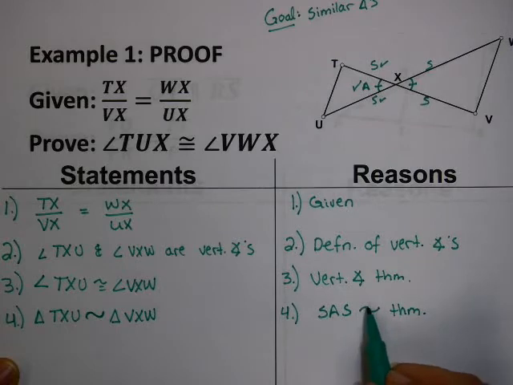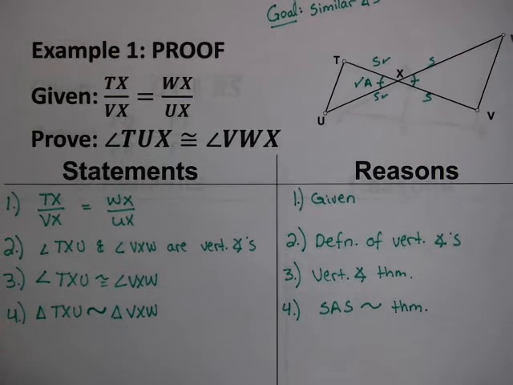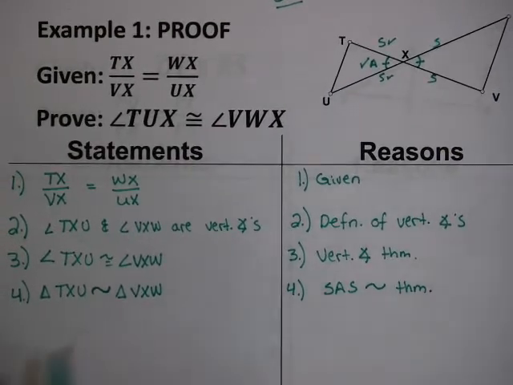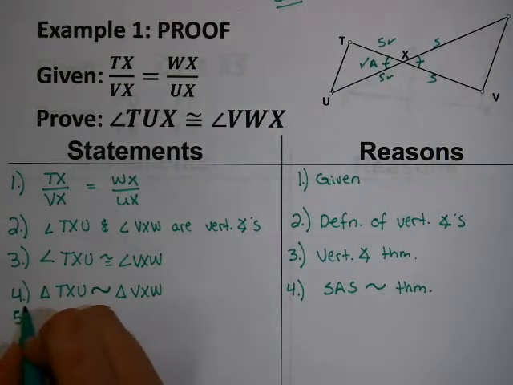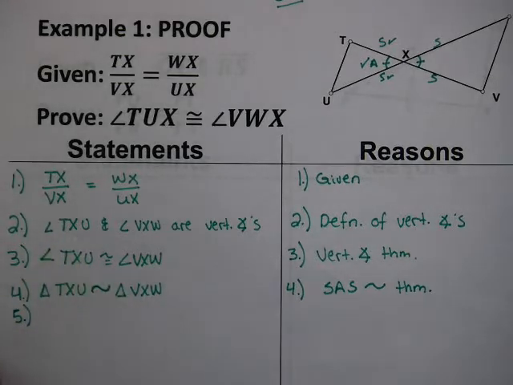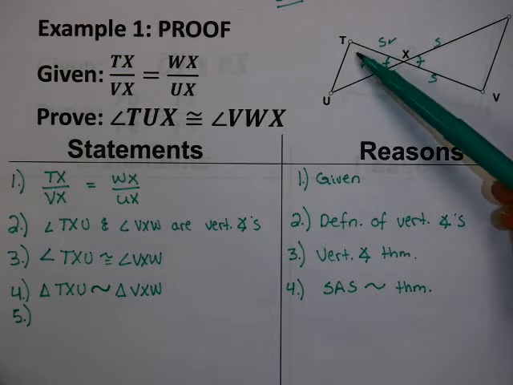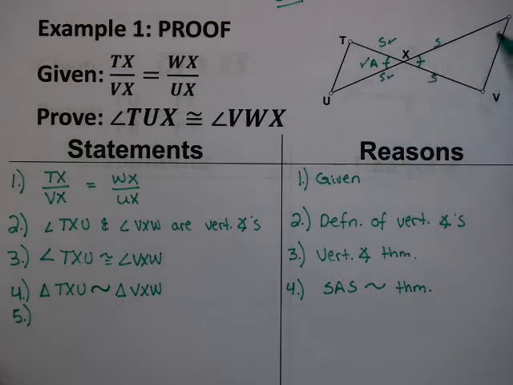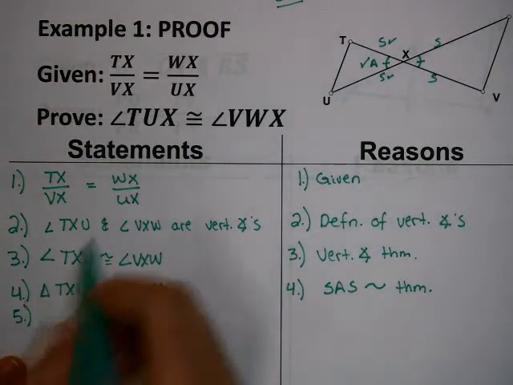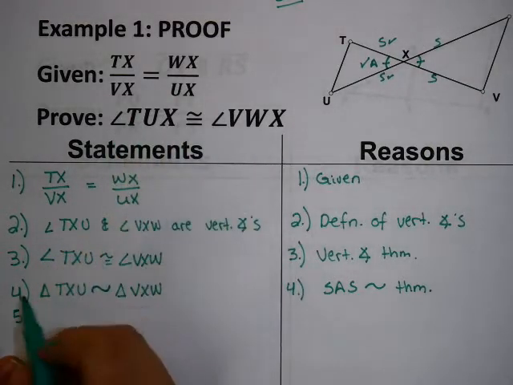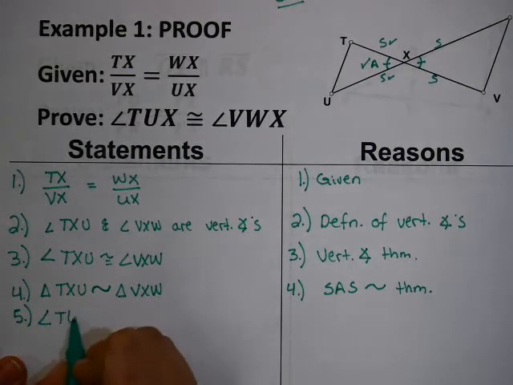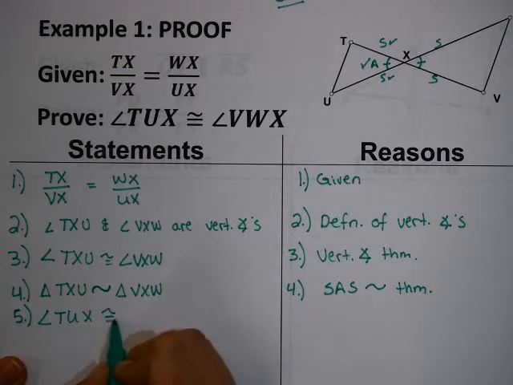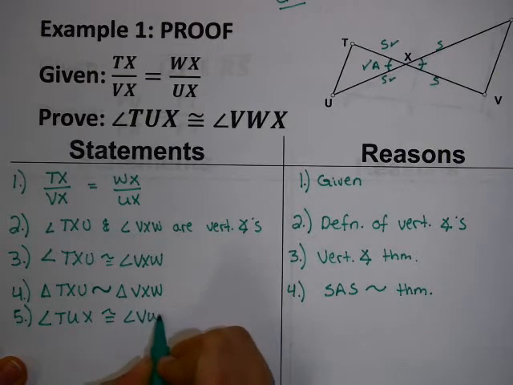You do need to have the similarity symbol because we're not looking at congruence, we're looking at similarity. Now we can write our last proof. Remember, for two figures to be similar, their corresponding angles have to be congruent and the sides must be proportional. So angle TUX is congruent to angle VWX.